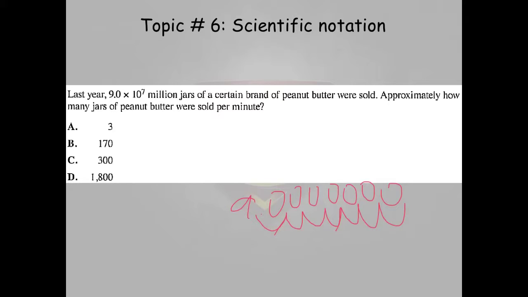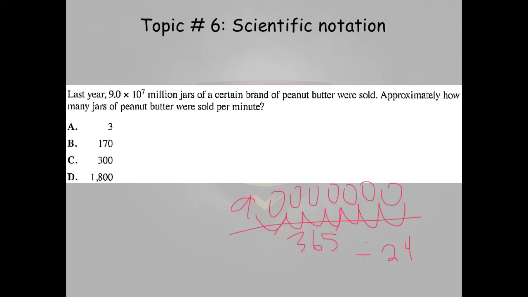Oh, this is how many were sold per year. Well, I guess we've got to do some work, figure out how many minutes there are in a year. So, first thing is we're going to do some dividing. First, divide by 365, because that's how many days there are in a year. Then we're going to have to divide by 24, how many hours in a day.